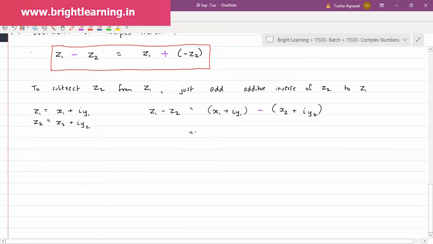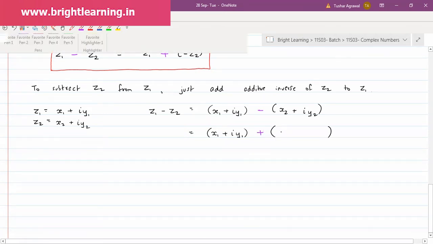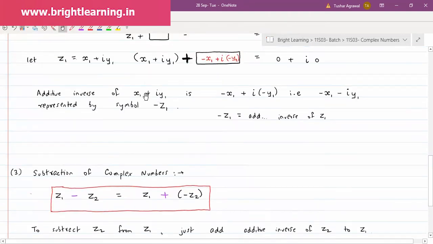This is equal to x1 plus I times y1, addition of the additive inverse of the second complex number. What is the additive inverse of x2 plus I y2? It is minus x2 minus I times y2, yes or no, that we have seen previously.